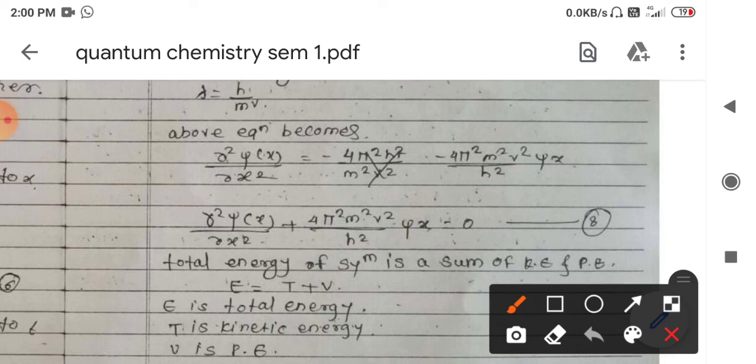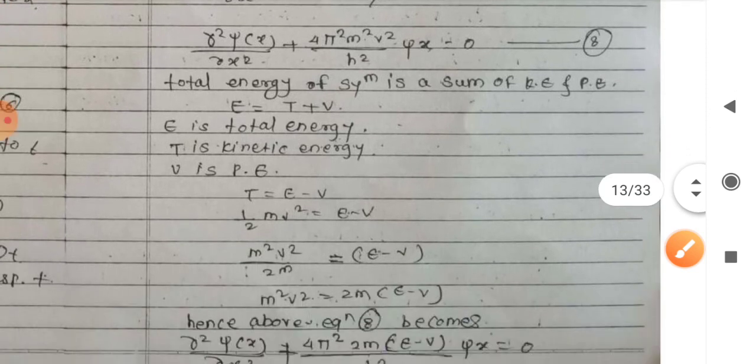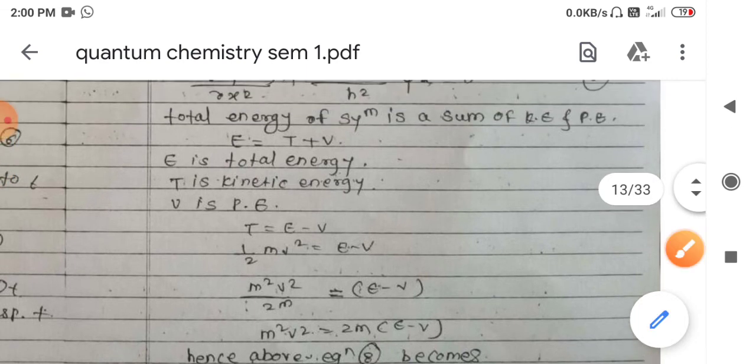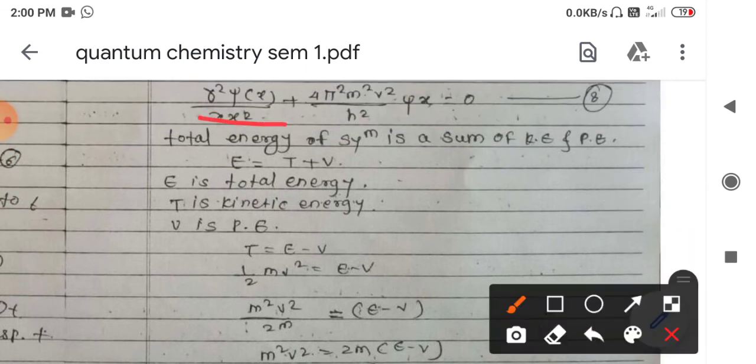So we get d2 psi upon dx square equals minus 4 pi square m square v square upon h square into psi of x. So the wave function is second order, and d2 psi upon dx square plus 4 pi square m square v square upon h square into psi of x equals 0. That is the wave equation that we have obtained.